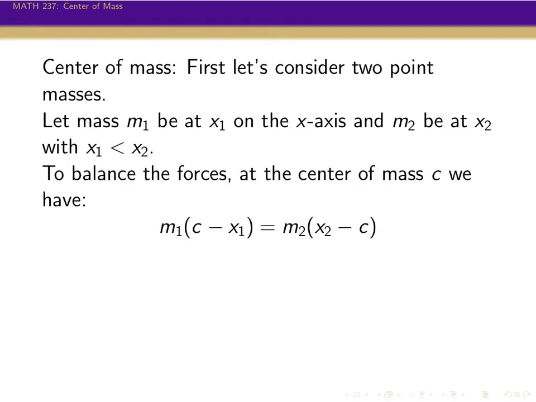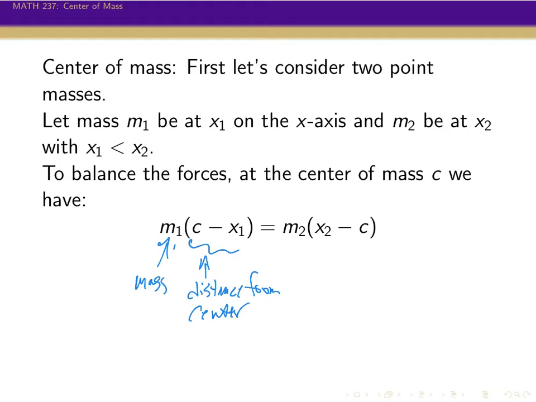Well, then if C is the center of mass, the force by the math professor is proportional to his mass times his distance from the center. So this is mass, and this is distance from center. And you have the same equation for the second mass.